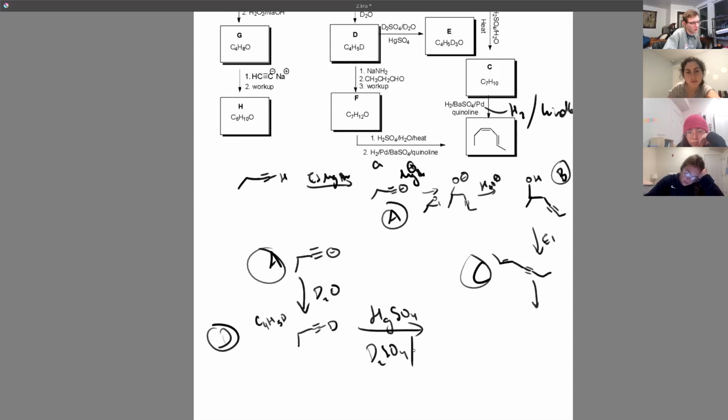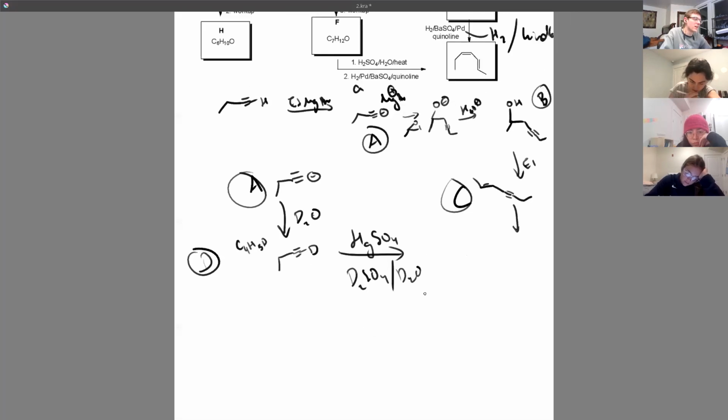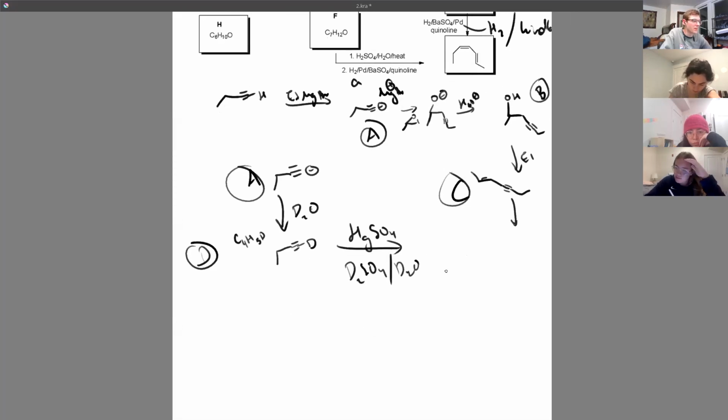It makes a methyl ketone. Yeah, exactly. So that is good. Here we had a triple bond, and we're adding deuteriums here, so this gets more complicated.